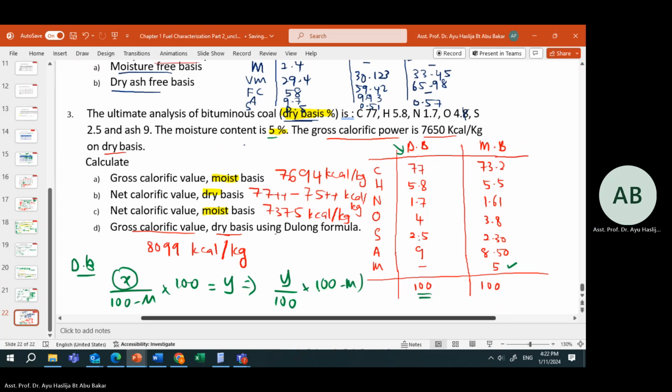Y is the dry basis. So we reverse. The value X is the moist basis. This is X, this is Y.